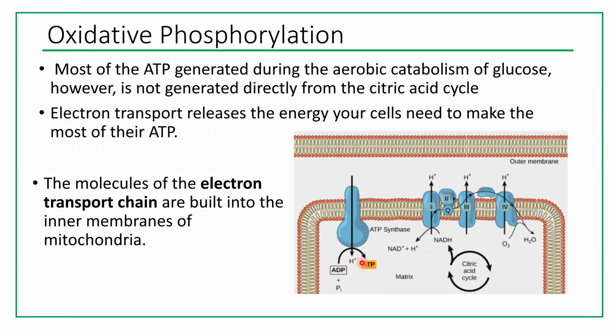So this is how we recharge these batteries. When cells use ATP, they use this energy, and ATP becomes ADP and phosphate. Now we're recharging it back using cellular respiration. And most ATP is made through oxidative phosphorylation.